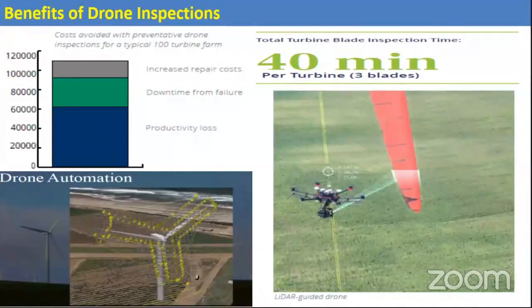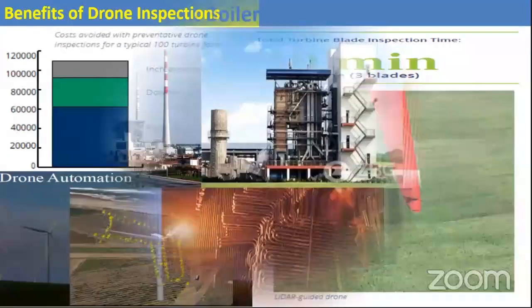And when you do use drones for inspection, here is a sample picture of a three-blade inspection, which would normally have taken maybe as long as 2 or 3 days with rope access, and could be done in 40 minutes per turbine. So huge productivity gain. You need not be subject to shutdowns and loss of power and so on and so forth. And there are plenty of automation devices which have come. You can actually do mapping entirely with that.